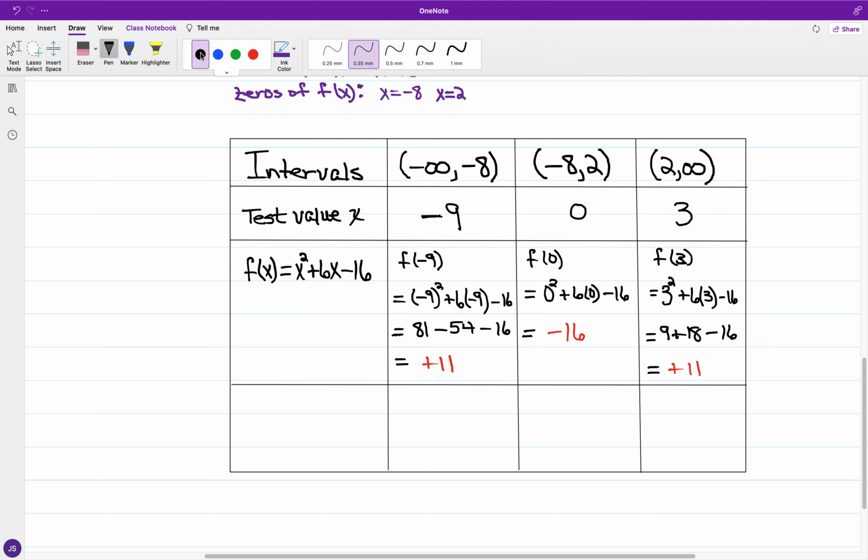And in terms of the sign value of f of x, in the first interval, anything we select that is less than negative 8, like negative 9 for instance, you're going to have a positive output.